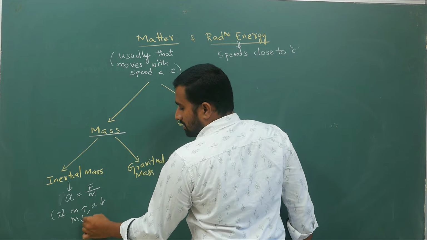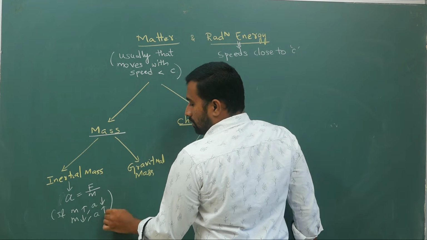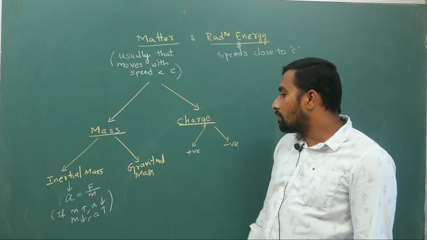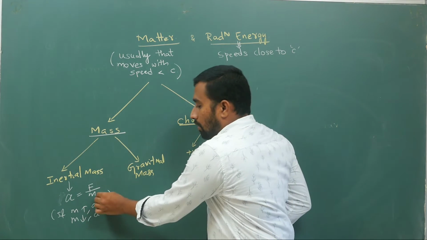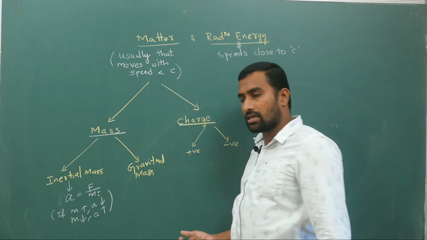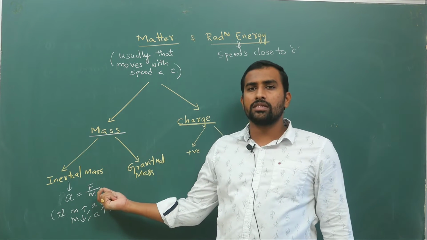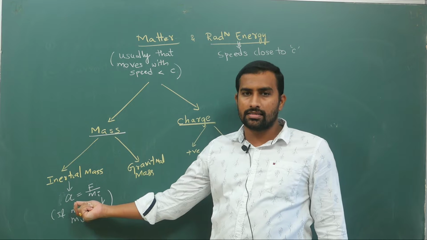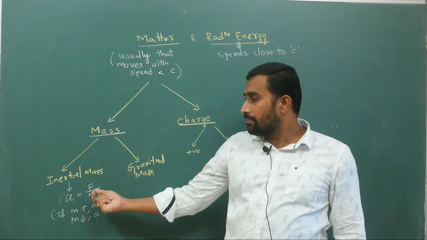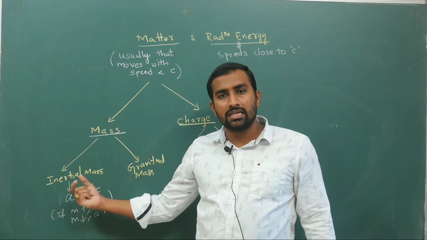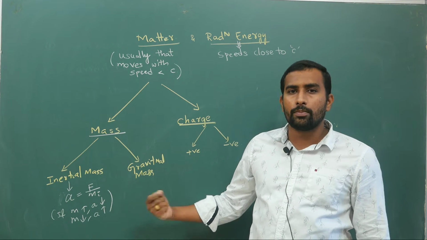If m is less, acceleration is more. So here, this mass is inertial mass. If inertial mass is more, it will reduce the acceleration. If inertial mass is less, it will increase the acceleration. So my point is inertial mass will try to oppose the motion.